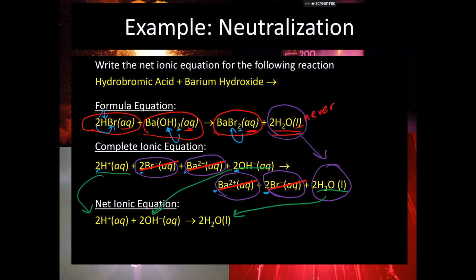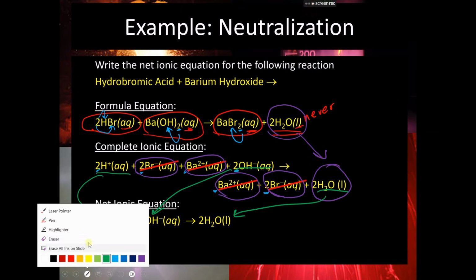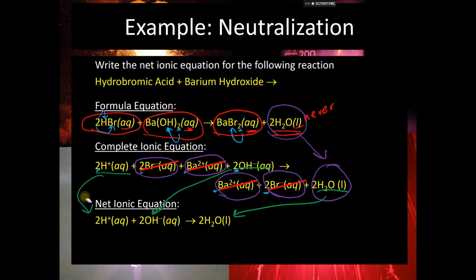So we're going to get 2H plus aqueous plus 2OH minus aqueous yields 2H2O liquid. And that's our net ionic equation. We are going to bring in everything that was not canceled out, everything that's not a spectator ion, into our final answer. So the OH, the H plus, and the H2O here.